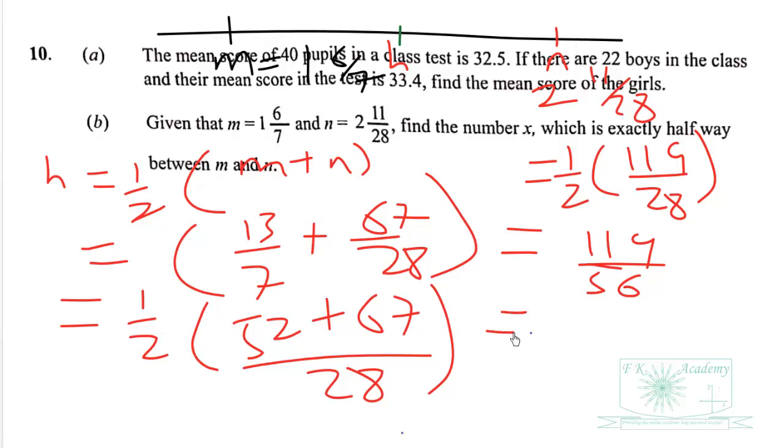And this will simplify to 17 over 8, and that will be 2 whole number 1 over 8. So the number that is exactly halfway between the numbers is 2 whole number 1 over 8.